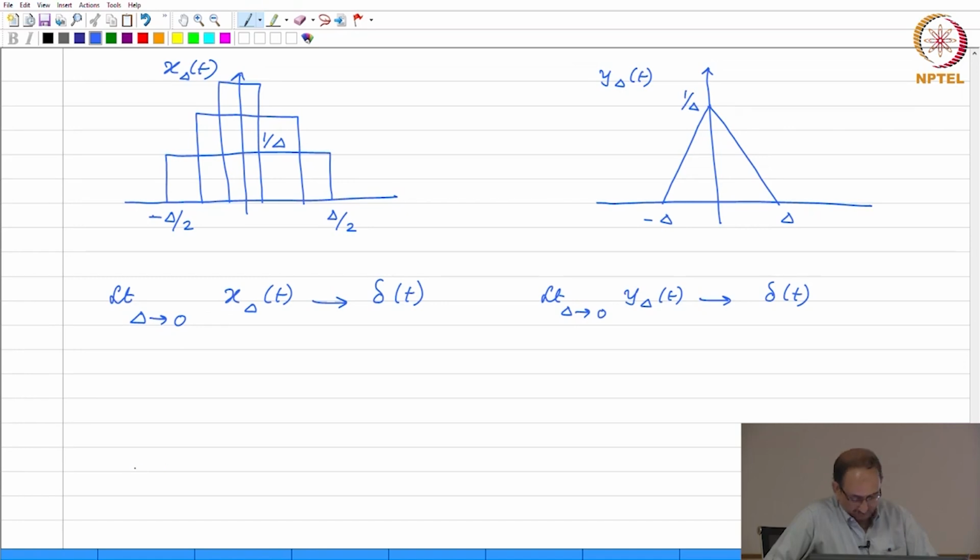Now, let us look at this triangular pulse we now saw, right. This, let me take that and cut it into 2 halves, and then cut it in the middle into 2 halves, and then rearrange it like this.